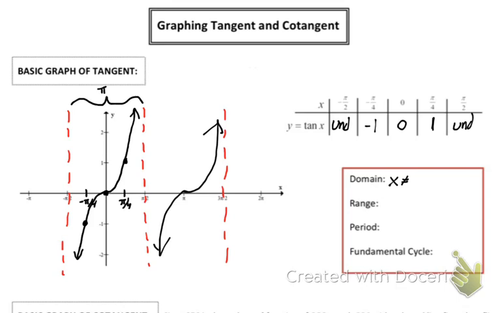So x cannot be some multiple of pi, so k times pi. However, we have to change that just a little bit, because if I do k times pi and I put a 0 in for k, we come up with a vertical asymptote at 0. If I put 1 in for k, that's at pi. And so that's a little bit messed up. What do I need to do? Minus pi over 2. Minus pi over 2 or plus pi over 2.